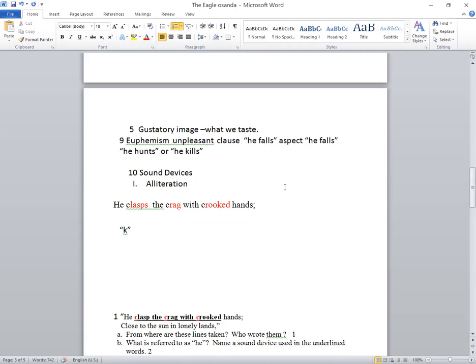Alliteration means repeating the same consonantal sound in a poetic line.